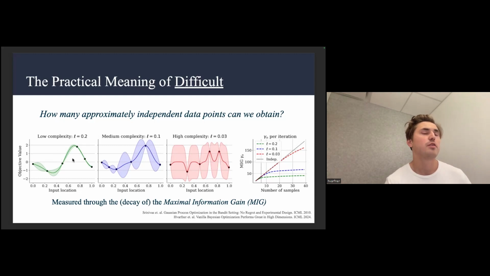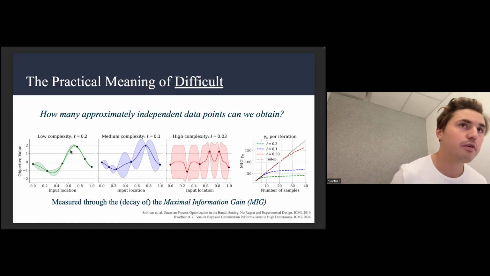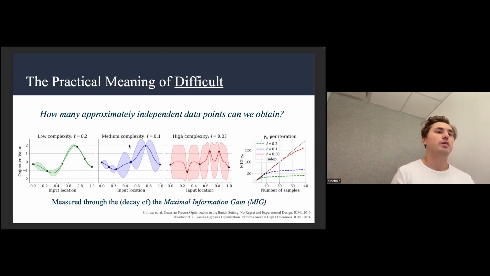So with this model to the very left, there are no more independent points to be had. There is very little uncertainty left in the GP. And so if I were to add another point here, it would be highly correlated to the ones I already have. And in this one right here, we can probably fit about 1 or 2 more points that are roughly independent of the rest, but barely.